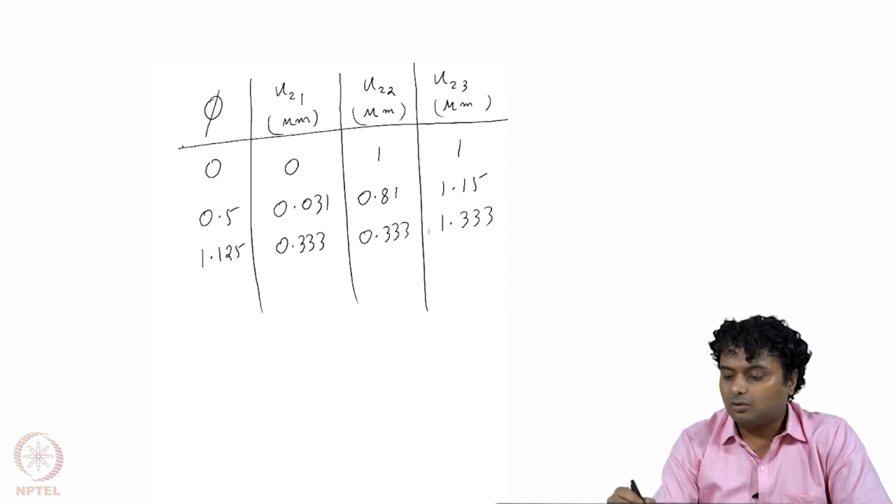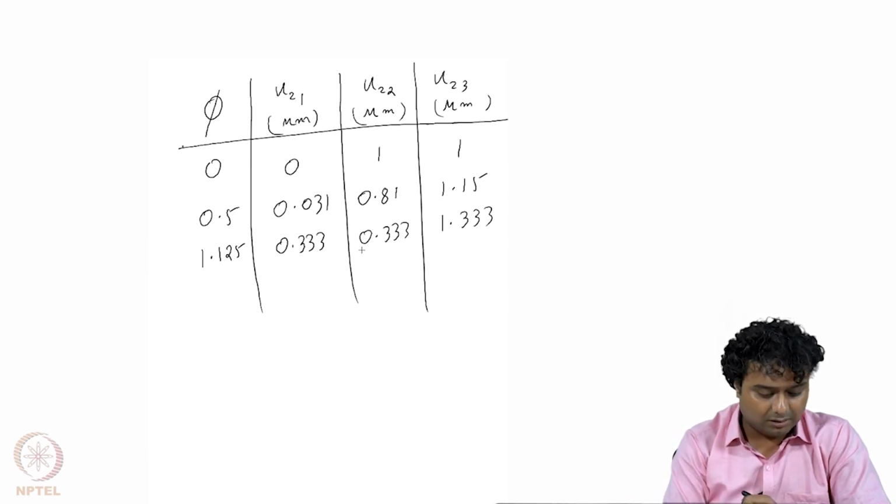So here the third root is definitely not possible, but the first two roots are possible, and this is the case where uz is equal to gap by 3, because the gap is 1 micron, right? And in this case we are getting both the roots as gap by 3 or g0 by 3.